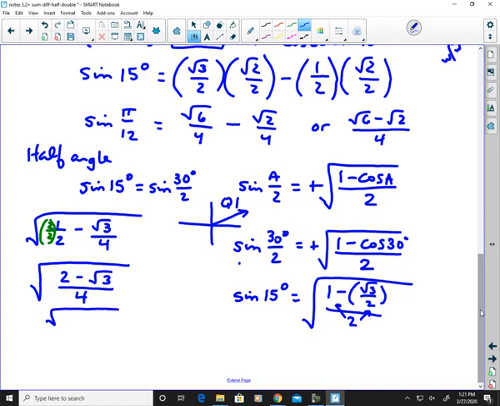So the numerator, 2 minus root 3, nothing can be done to that very complicated looking thing. But I can, breaking this apart, take the square root of 4. So square root of 2 minus root 3 over 2.